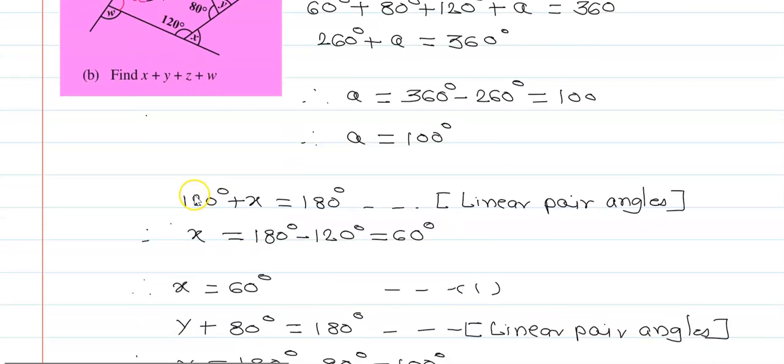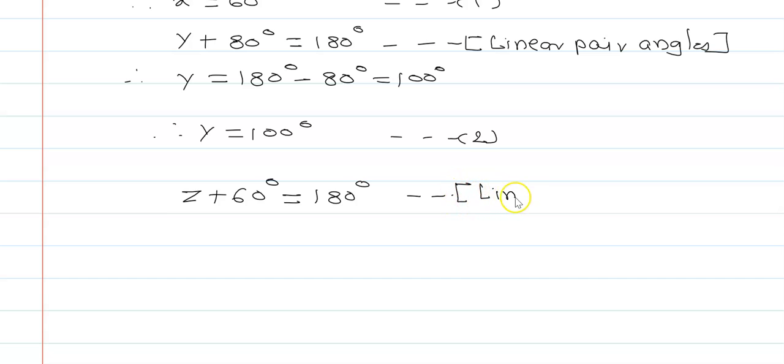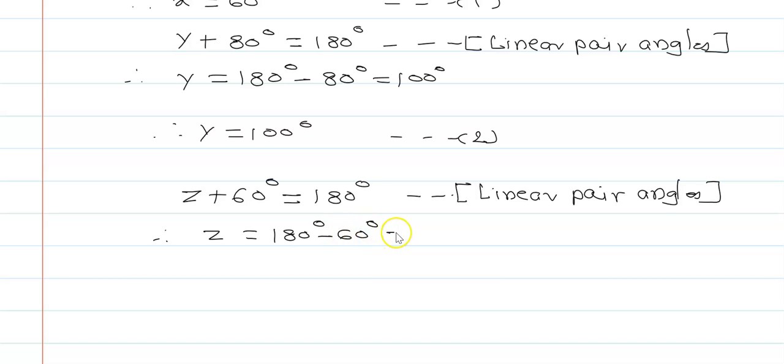Next, z plus 60 degree. Again z plus 60 degree is equal to 180, and here linear pair angles, therefore z is equal to 180 minus 60, equal to 120.